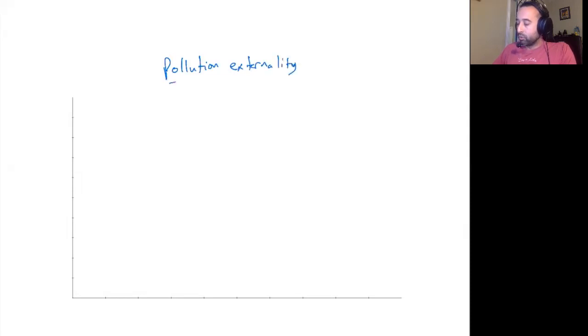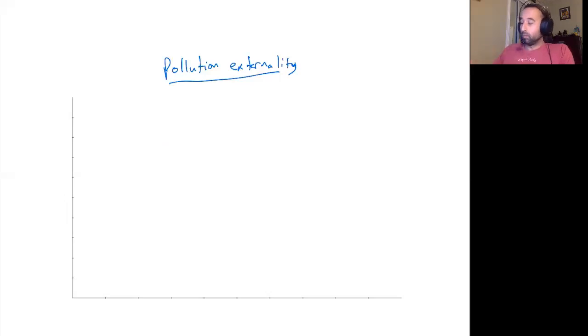And oftentimes when we draw externality graphs, especially negative externalities, we're going to be thinking about taxing the production side. It's just a lot easier. It's more centralized, and oftentimes we think about the production itself as the thing that's generating the externality. Of course, you can think about taxes and subsidies on the demand side, but for this initial setup, we're going to consider it for the supply side.